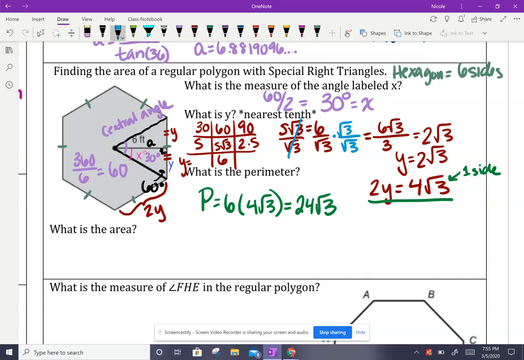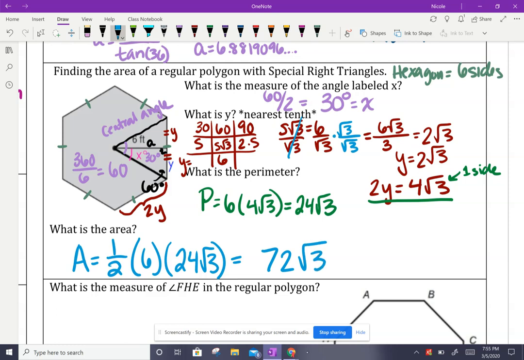Finally, my area: we are going to take 1/2 times the apothem, which was 6 feet, times 24 root 3. Again, I'm not going to divide that root 3 out at all. It's just going to hang out there. So I take 6 times 24 times 1/2, or divided by 2, and we get that the area is 72 root 3 feet squared.